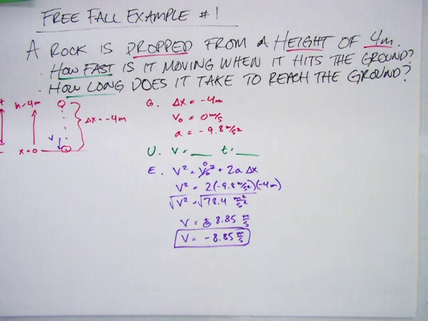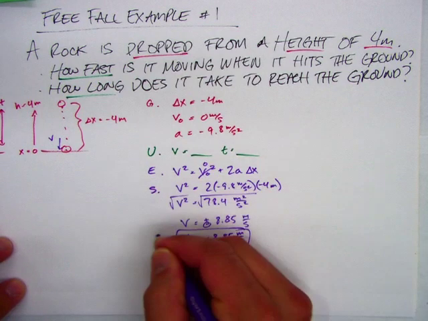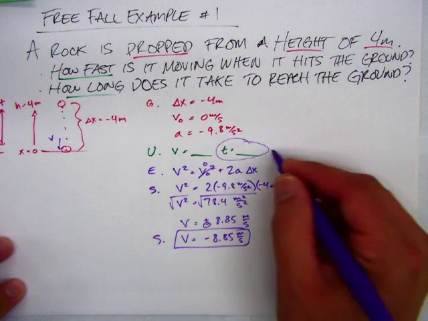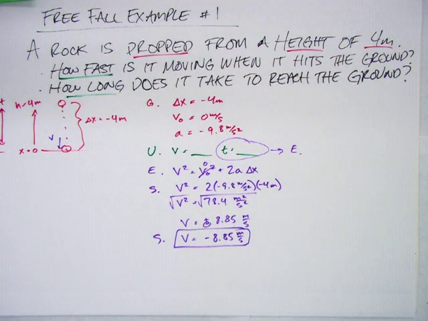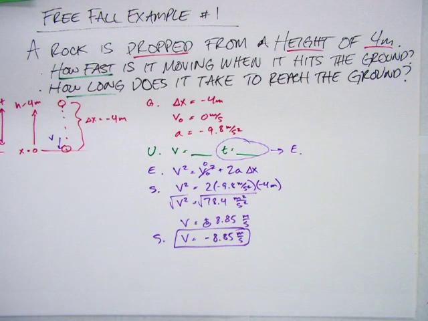Okay, how about the second part? So this is my equation, solve, solution. Now I'm going to go back over here for time and see how do I find time. Well, now I know v naught, I know v final, I know a, I know delta x. So really, I can use whatever I want to solve for t.